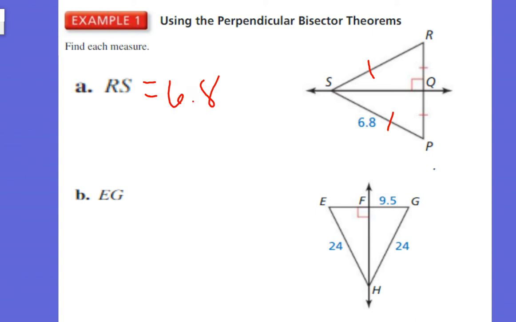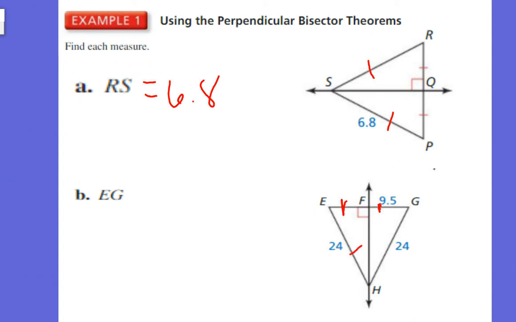All right, well then down here we say, what's the measure of EG, the whole segment EG? Well, if this is 24 and this is 24 and this is a right angle, the only way this works is if FH actually is the perpendicular bisector. So right now we see that it is perpendicular, but we can claim it a perpendicular bisector by the perpendicular bisector converse.